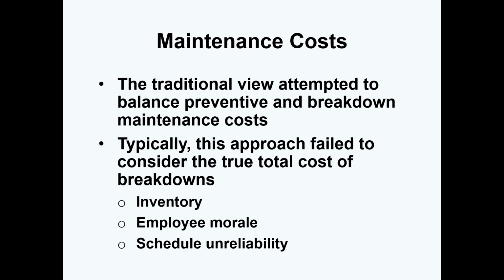At the same time, you don't want to ignore preventive maintenance, because that might lead to a major breakdown with large cost. The true total cost of breakdowns will include having components in your inventory, the cost associated with employee morale, and the cost associated with the unreliability of the scheduled maintenance.